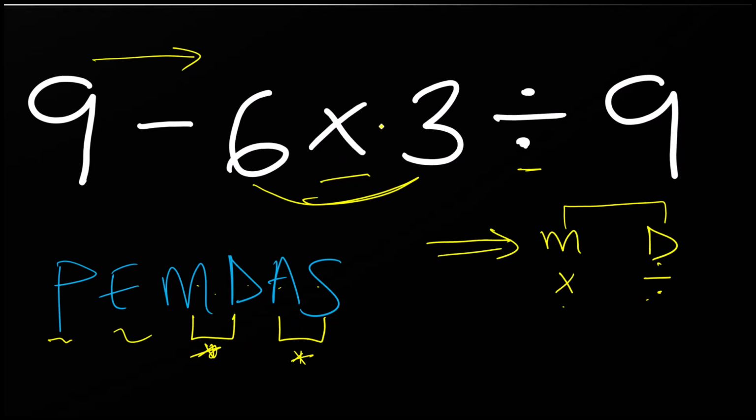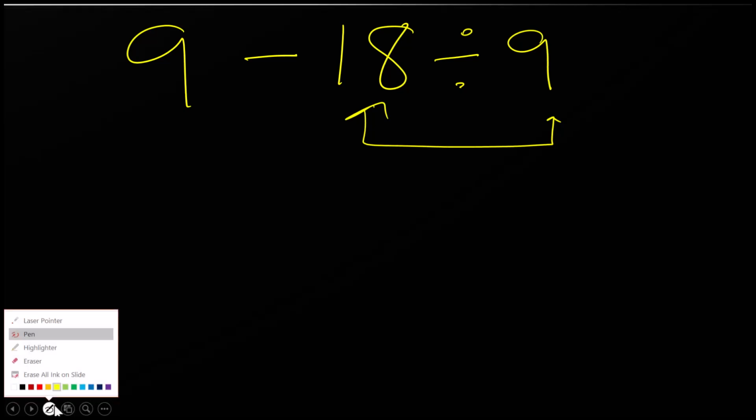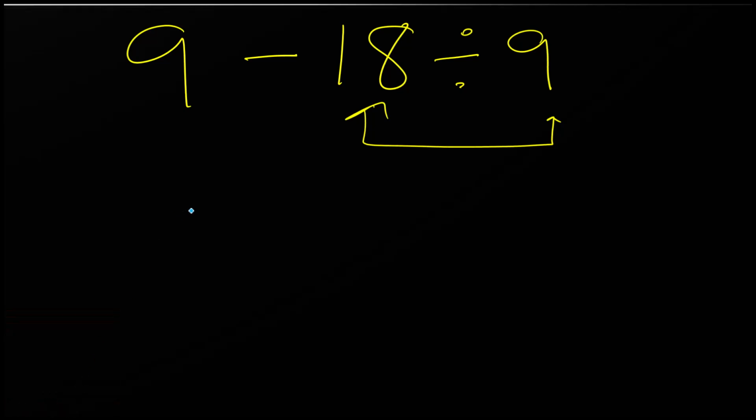Now we've dissolved the multiplication sign, so we're left with division, so we have to divide the result. As simple as that. That will be 9 minus 2. So 9 minus 2 is 7. All right, so that is that.